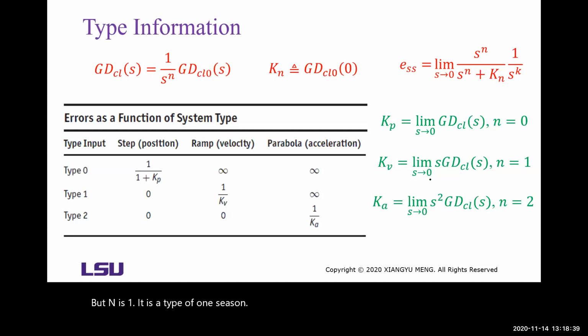Now let's use this table to summarize the system type and tracking errors. We have some basic formulas. So G times D is the open loop transfer function. Depending on the number of poles at the origin, we can define the system type.